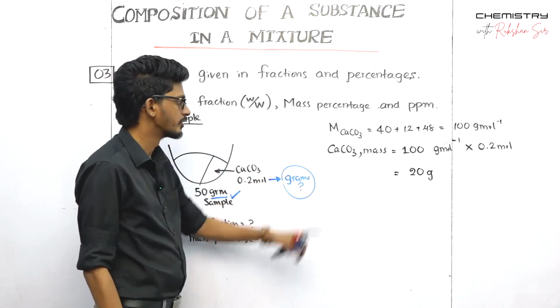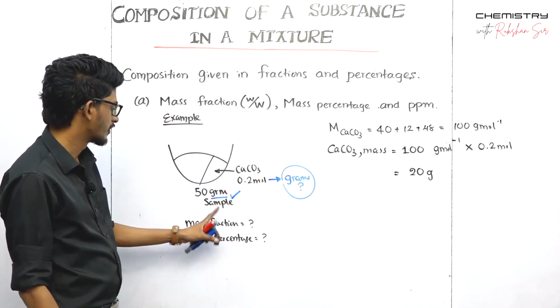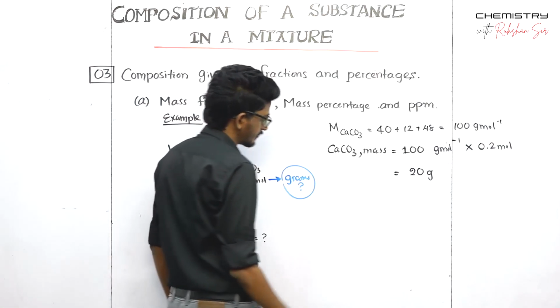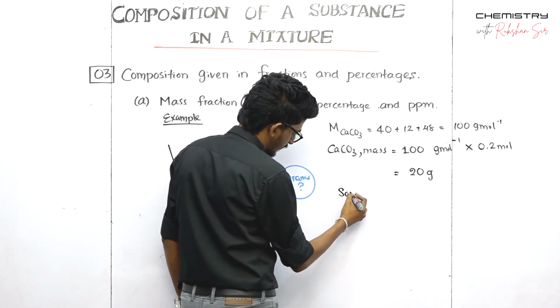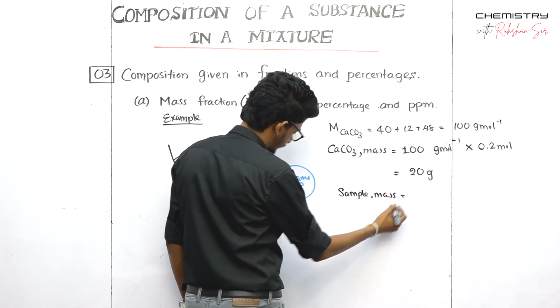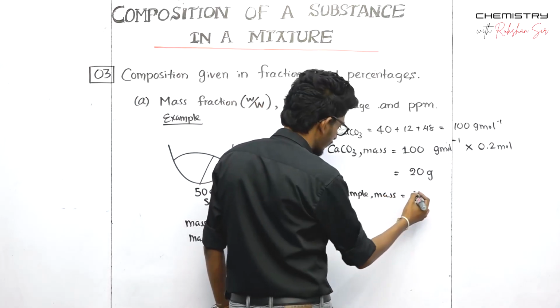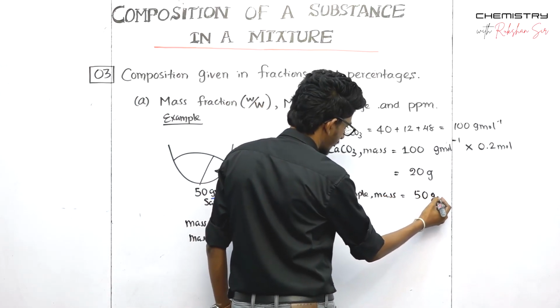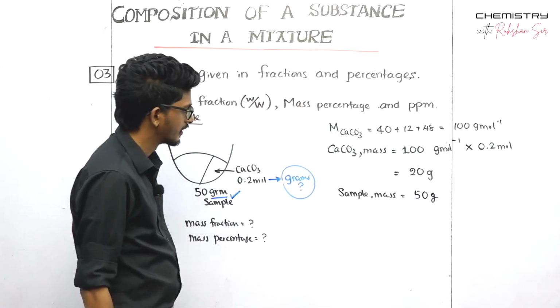So the calcium carbonate mass is known. We know the mass of the sample as well; they have given that, 50 grams. So now can't we come up with the mass fraction?